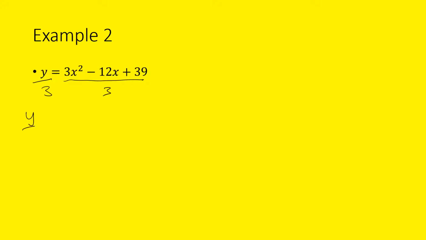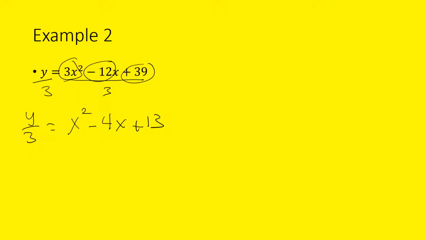So you get y over 3 is equal to 1x squared minus 4x plus 13. Because every term in that quadratic on the right side is going to be divided by 3.